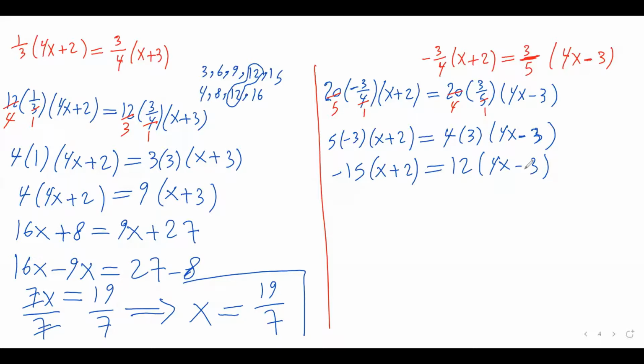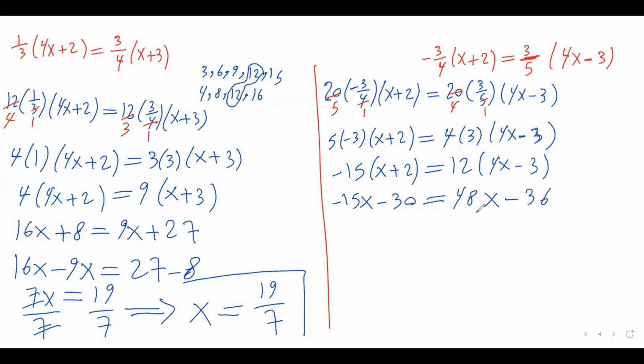Now we have to distribute this negative 15 to this bracket and that 12 to that bracket as well. So let's do that. Negative 15 times x, that's negative 15x. Negative 15 times 2, that's negative 30, equals 12 times 4x, that is 48x. And 12 times negative 3, that's negative 36.